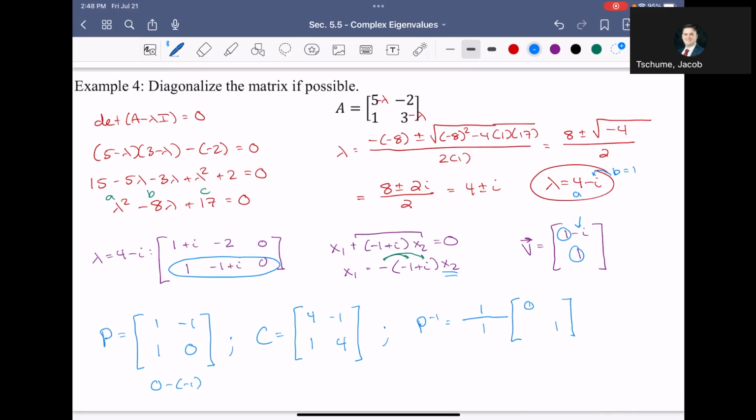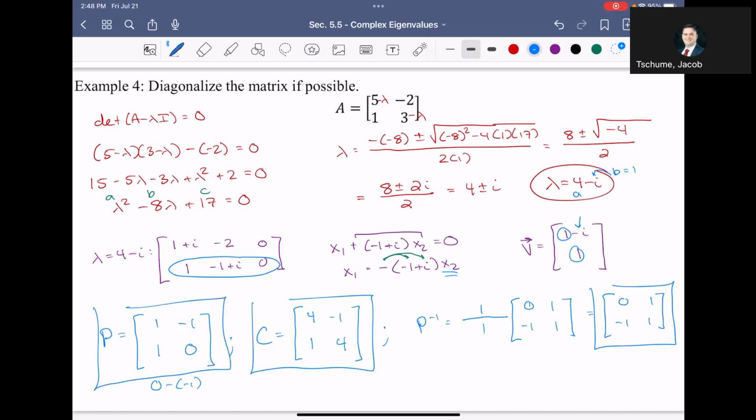And then you negate the other diagonal. So you'll have a -1 in the lower left, a +1 in the upper right. And since this time your scalar just ends up being 1 in the front, you don't have to distribute anything. We can write that our inverse of P would be the matrix 0, 1, -1, 1. And we have our 3 elements of the factorization that gives you A equals PCP inverse.